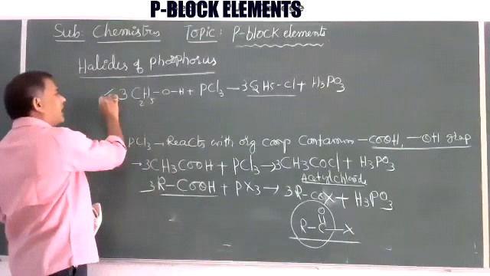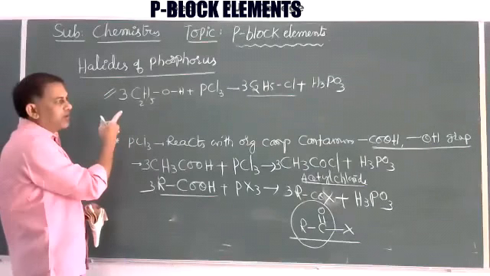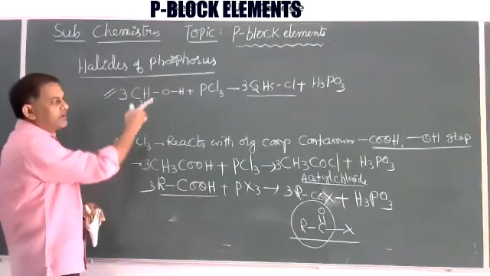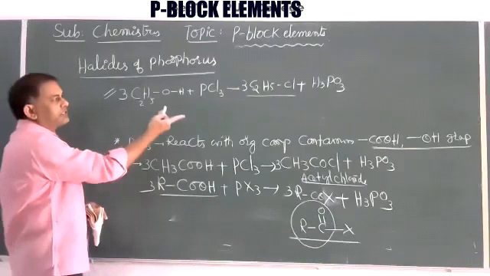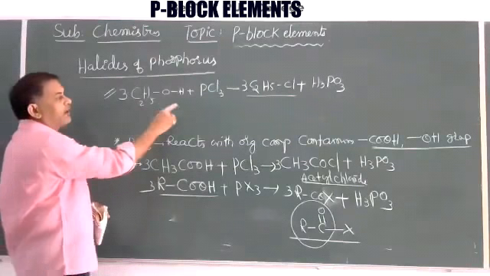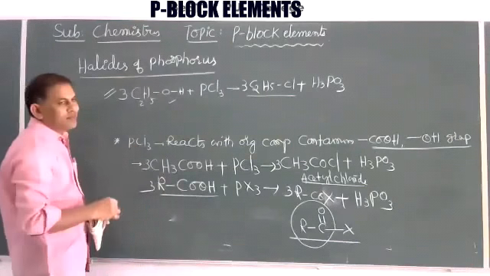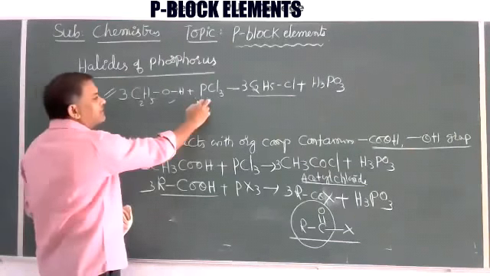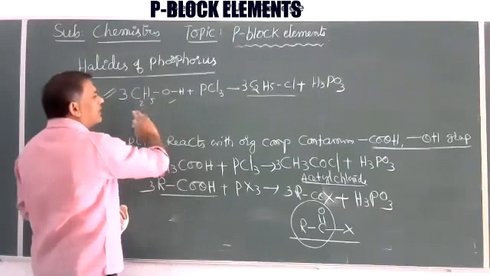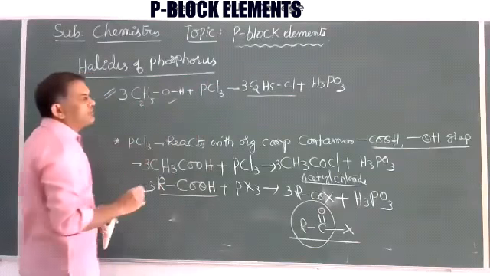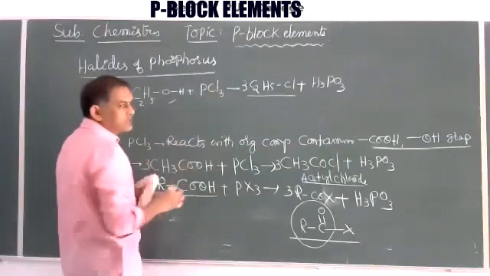In haloalkanes and haloarenes, in the chemical properties of alcohols, when reacted with PCl3 or PBr3, whatever it is, alcohols are converted into haloalkanes.